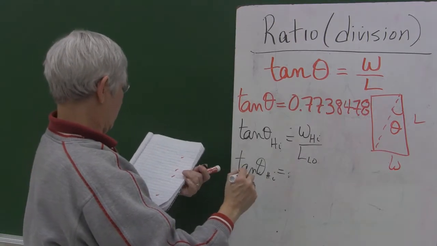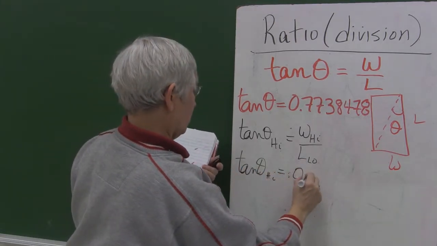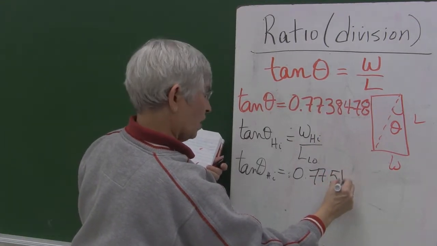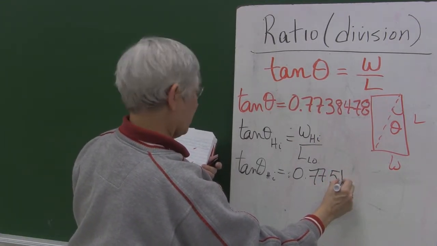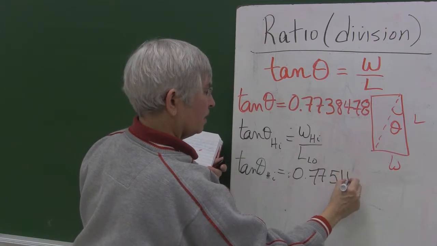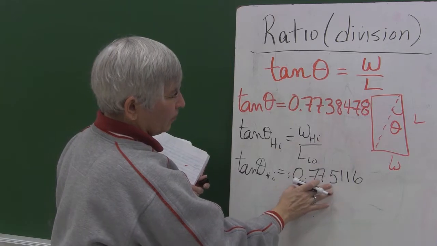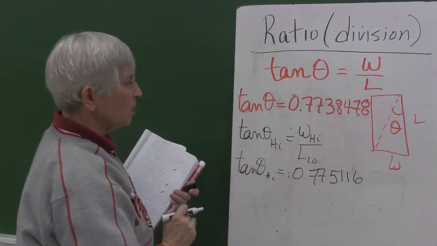In doing this, tangent theta high ends up being 0.7751. I'm going to put it in another place just to be on the safe side, a couple more places. And I can see that the first two places stay the same, and this starts to deviate a little bit over here.